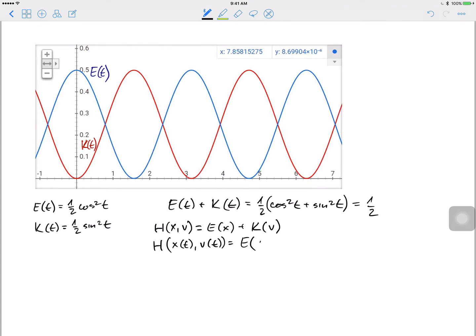That's always the deal when we are solving differential equations. So I can also write it like this, and I can study how it changes with time, okay? So I can either look at it as a function of positions and velocities, or I can say that the positions and velocities themselves are a function of time, and therefore the Hamiltonian itself is also a function of time. Okay? So Hamiltonian is just a fancy name for total energy.